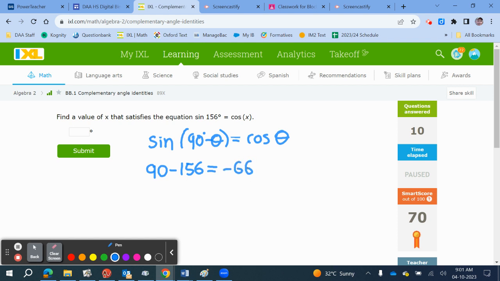So the cosine value is therefore going to be minus 66.